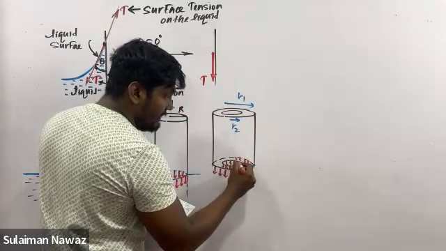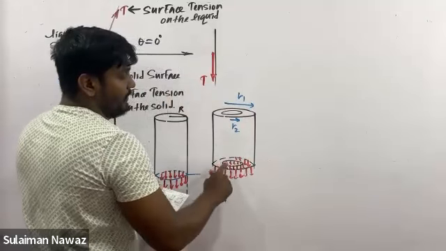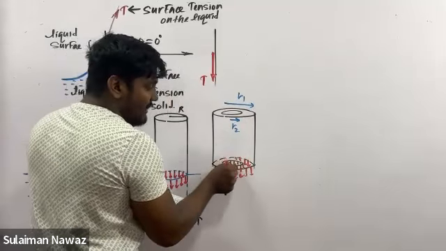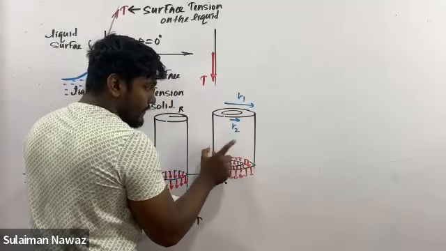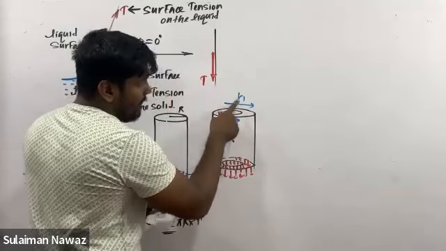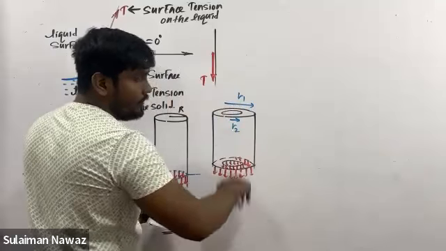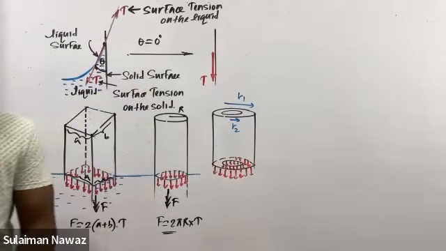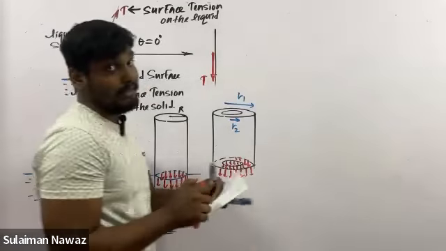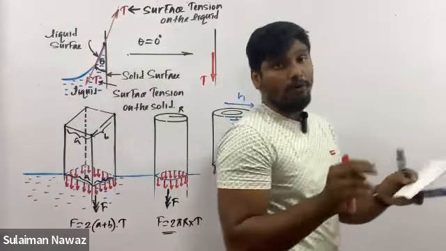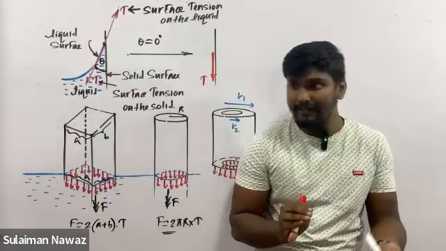Then the total length of the solid which touches the liquid surface will be 2 pi R1 plus 2 pi R2, into capital T. That's the idea. I hope you understand what happens when the angle of contact is 0, and how to find the resultant surface tension force acting on the solid.